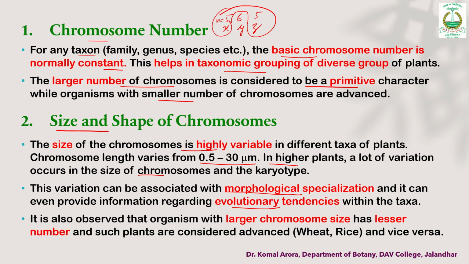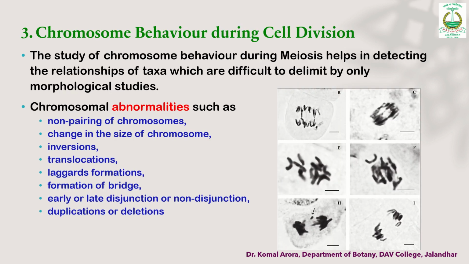So it has been observed that the larger the chromosomal size, the lesser the number, and such plants are advanced. For example, wheat and rice are grass species which are kept under the family Poaceae, which is an advanced family. They have less chromosome number but large size. So this is considered an advanced feature.